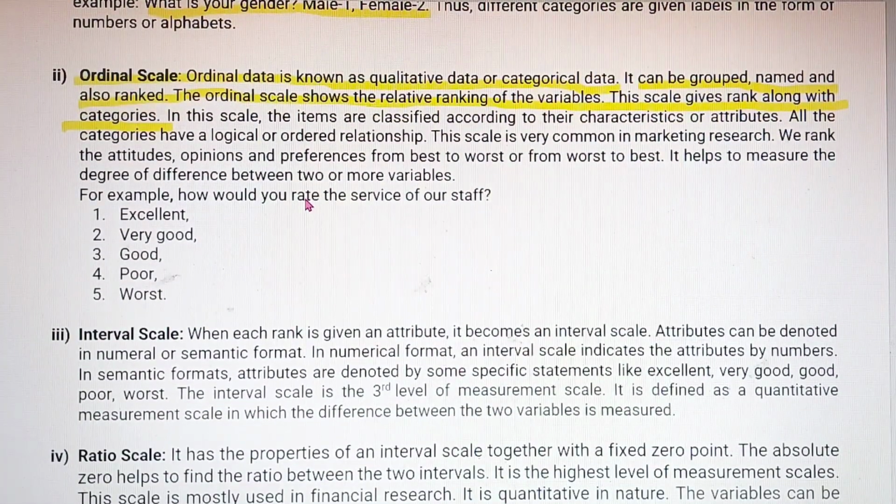Now let's understand with a very simple example. How would you rate the services of our staff? Now here there are 5 options: excellent, very good, good, poor, and worst. So apart from giving the categories, all these are ranks given to different categories. So this is called ordinal scale.